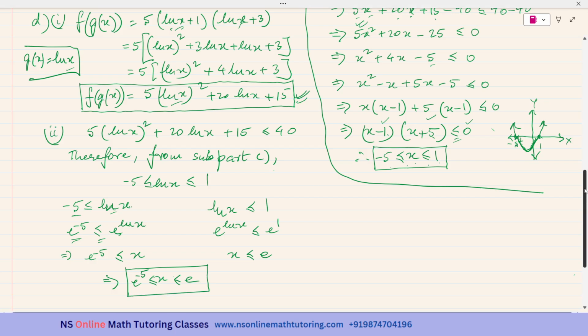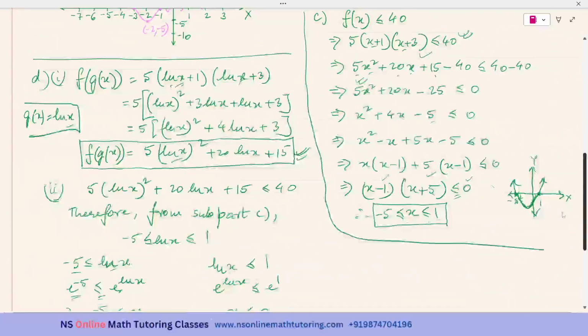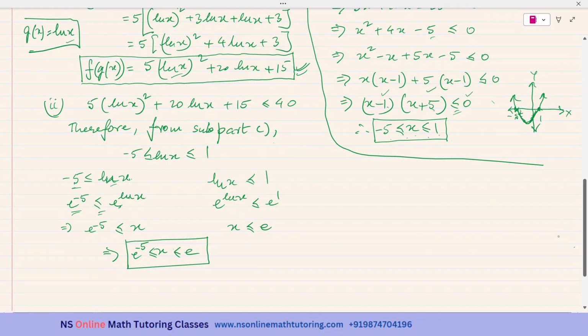Now it is perhaps the last subpart. Yes, subpart E, find the domain of g of x. Okay, this is a composite function. So let me write the part E's answer, g of f of x. And g of x is ln of x. So in place of x, we have to substitute the f of x expression.